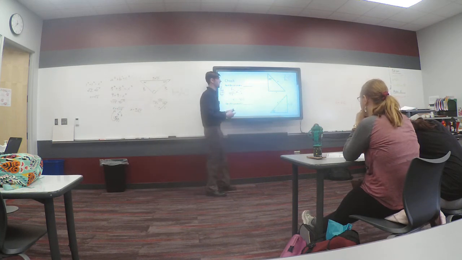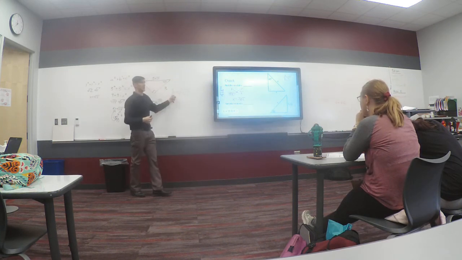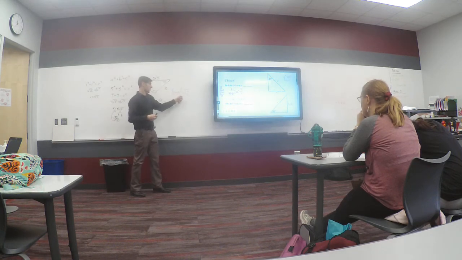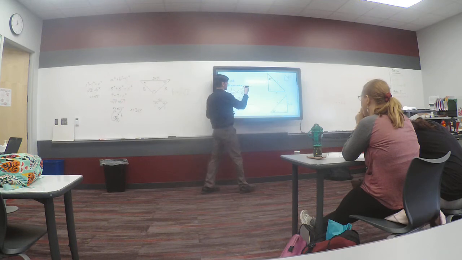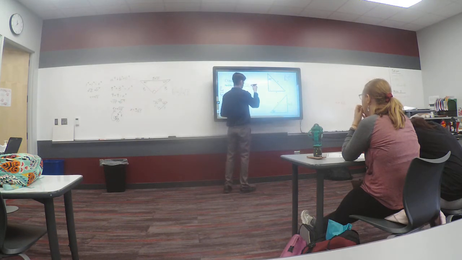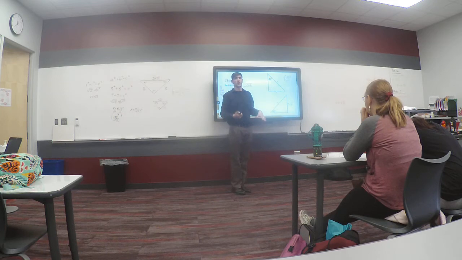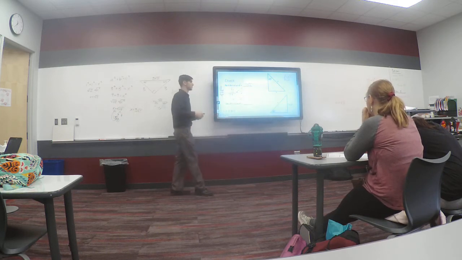Or, like our shortcut, if we are looking for the hypotenuse, we can take our leg length and multiply it by radical 2. Our leg length was 7, so our hypotenuse is going to be 7 times radical 2. That's going to be that x value.